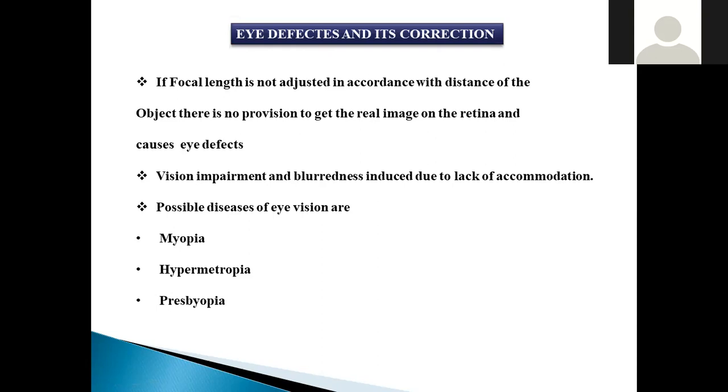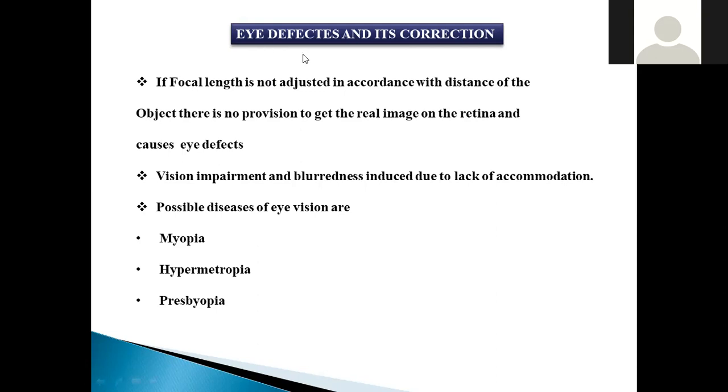The eye is the optical organ used to capture all the objects present in our surroundings. Those objects which fall in the visible region can be clearly visualized by the human eye.